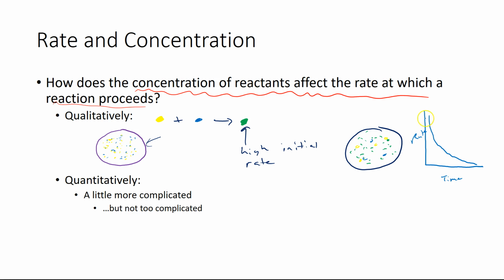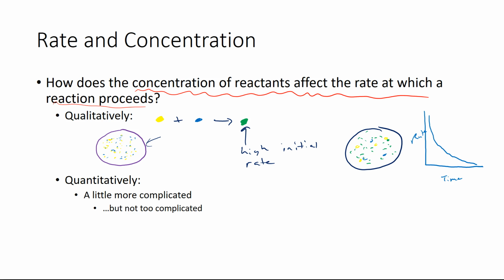So if this is my rate on my y-axis here, initially a high rate, that rate's going to decrease over time, and probably go through some sort of exponential decrease. We will talk about the different types of reactants and what that slope actually looks like at a later date. But that's what we expect to see. So qualitatively, as our concentration of reactants goes down, our rate also goes down over time.